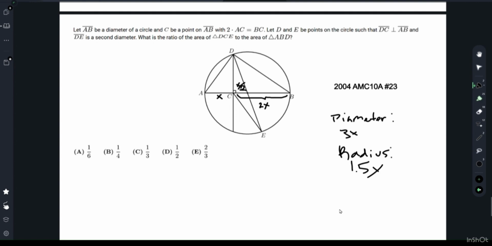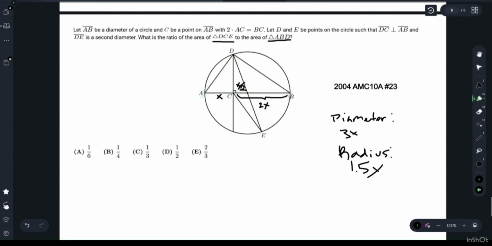And let's go back to the question. So the question asks, what is the ratio of the area of triangle DCE to the area of triangle ABD? Well, let's see. How can we find the area of ABD? So one way we can find it is we could take the base multiplied by the height.